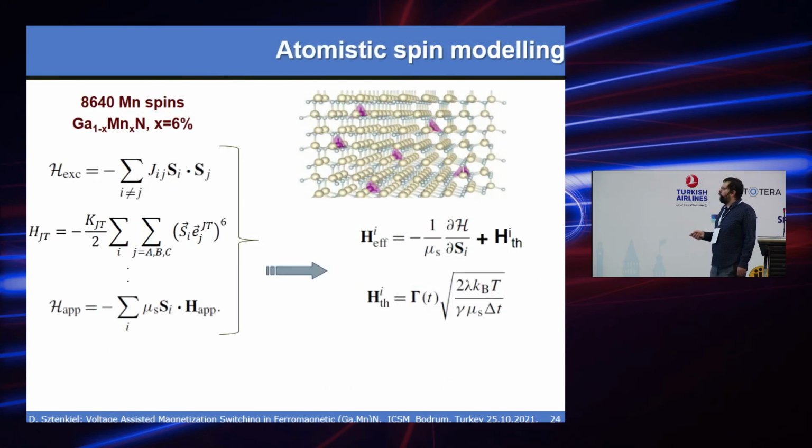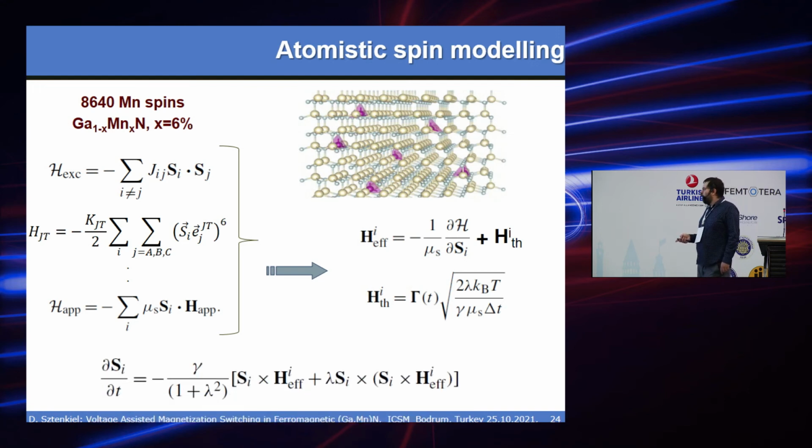From these terms we can calculate the effective magnetic field acting on each manganese ion at every step of the LLG equation, and then we can simulate the dynamics of every spin.